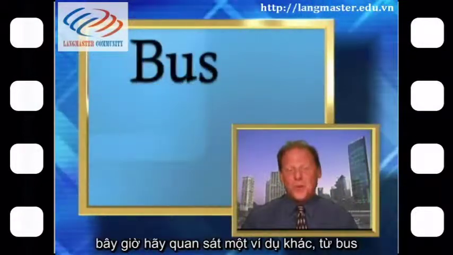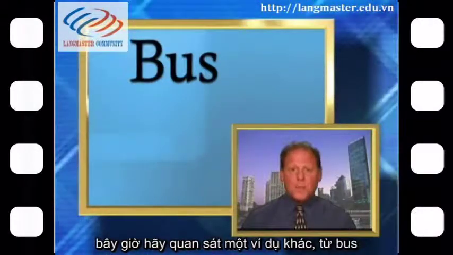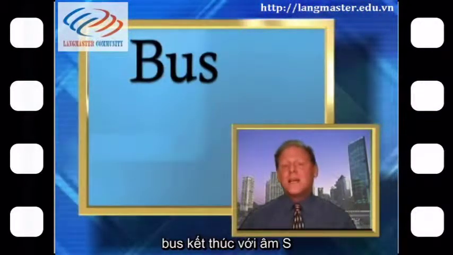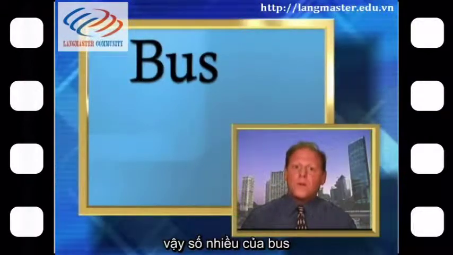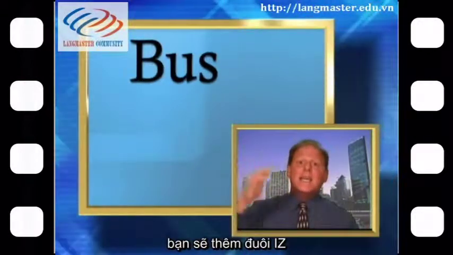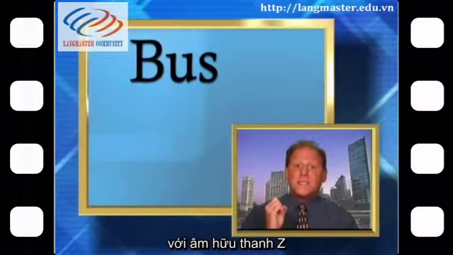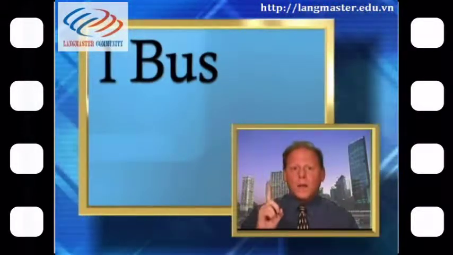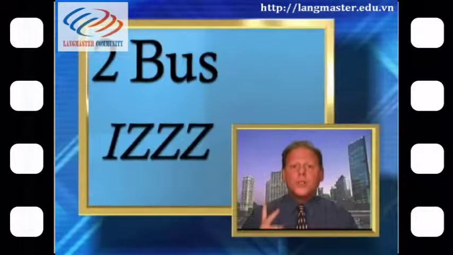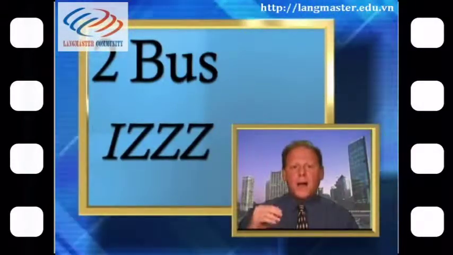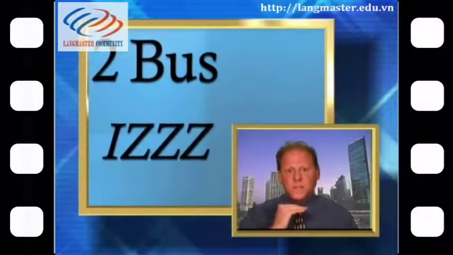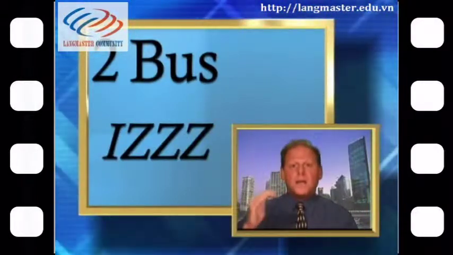Okay, let's look at another word. In the word bus, for example, bus ends with an S sound. Bus. So if you make it plural, you're going to add the ending is with a voiced Z. So we've got 1 bus or 2 buses. Buses. 2 buses.